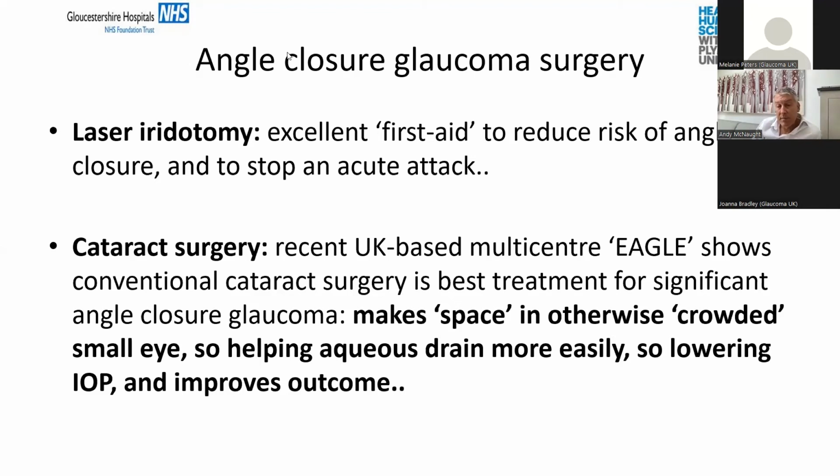And why is that? Well, that's because the natural lens is much thicker than the implant lens. So when you have a cataract operation, the implant lens is a third or a quarter as thick as your natural lens. So that literally makes loads more space inside the eyeball to allow the fluid to drain out more easily. Next one, thanks.